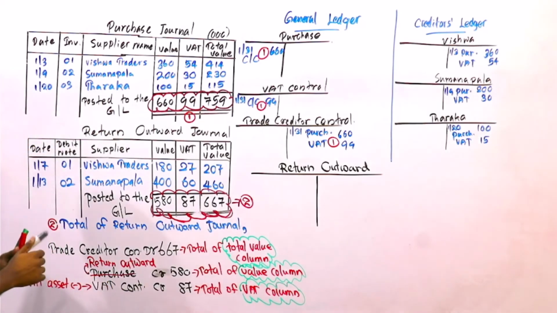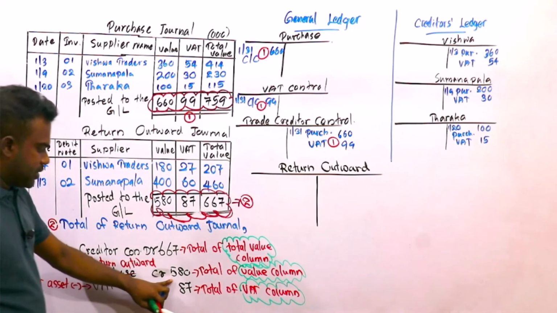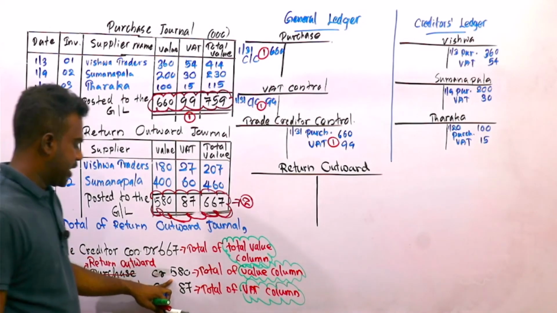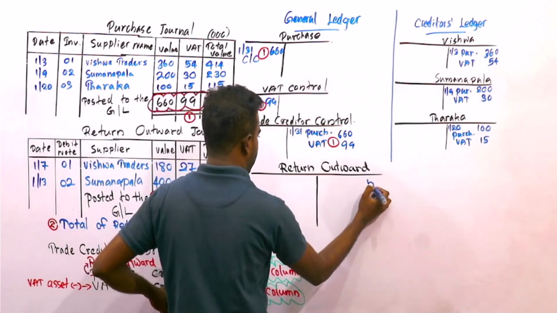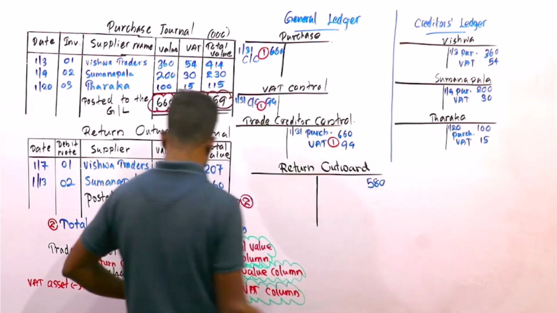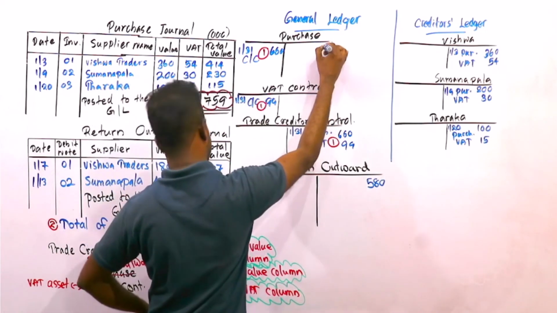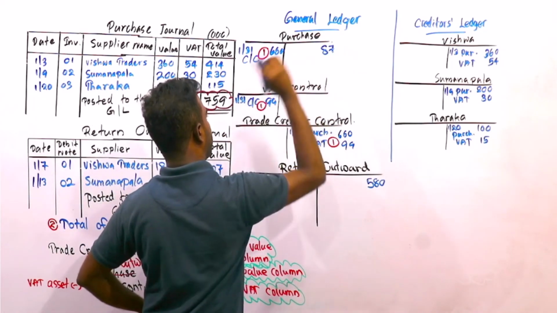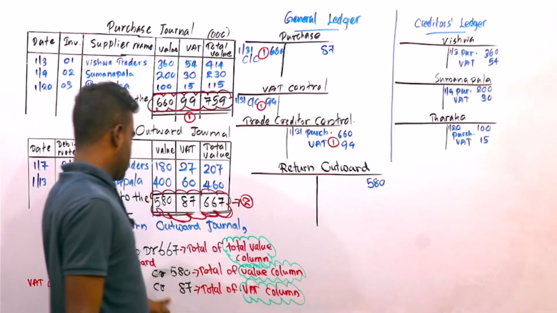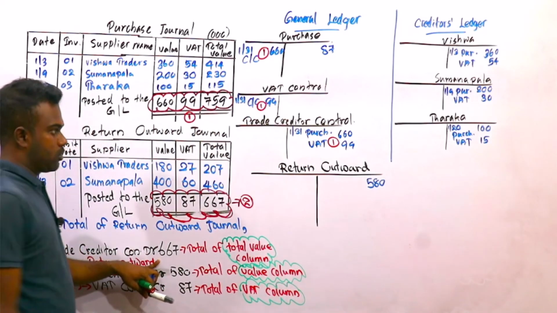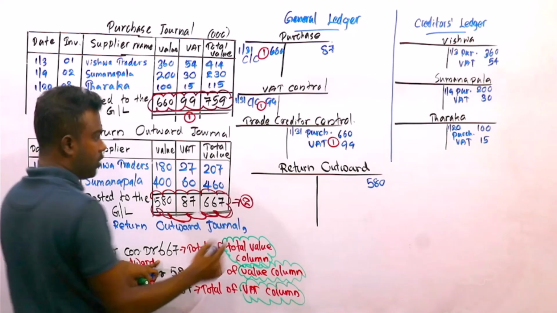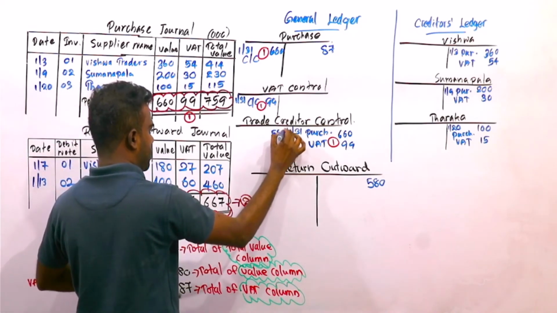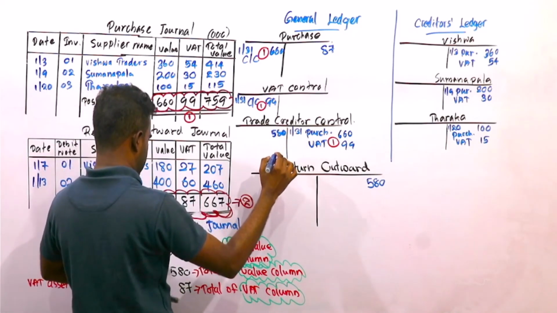Return outward account. Look again, firstly we can write the credit entries: return outward 58, VAT control 87. But debited to creditor control, there are two opposite accounts now, then separate record 58, 87.